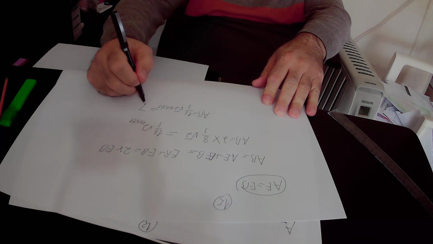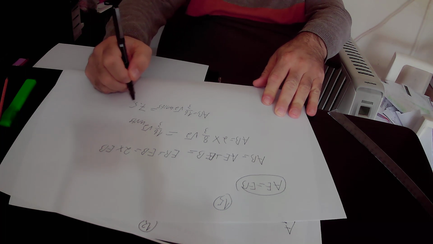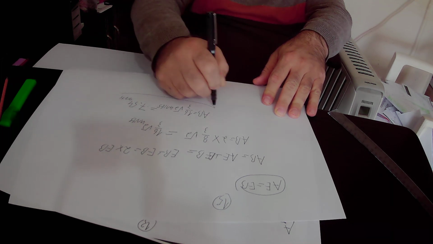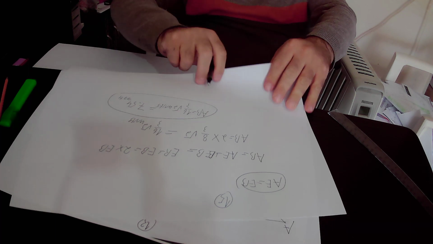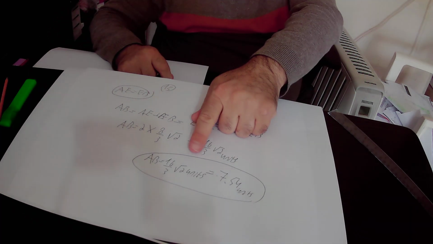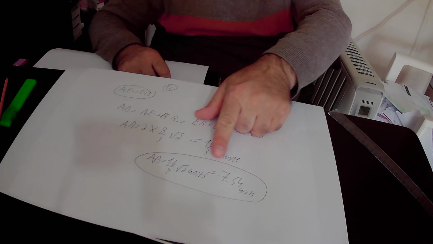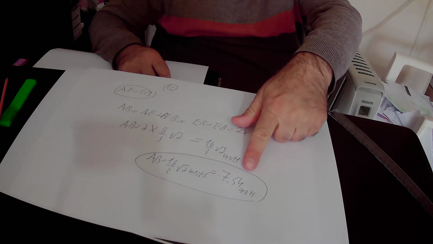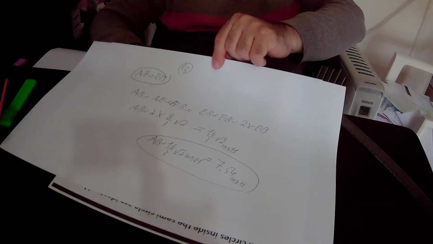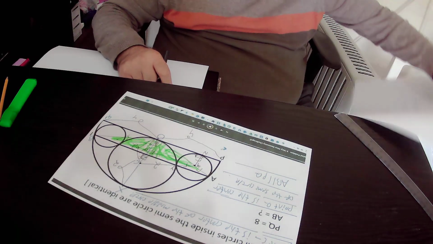Or in terms of numbers, it equals 7.54 units. I will repeat again. AB equals either 16 over 3 times square root of 2 units, or in terms of numbers, AB equals 7.54 units. We'll see it on the drawing itself also.